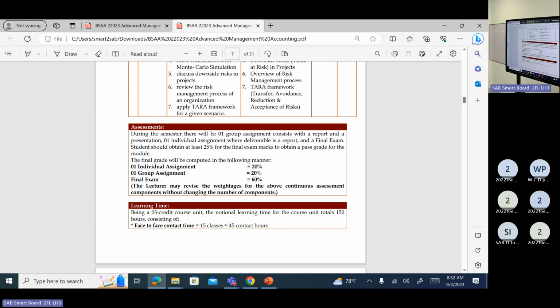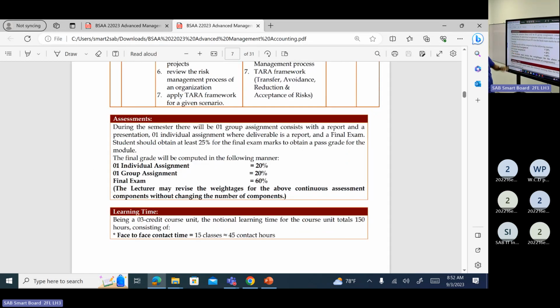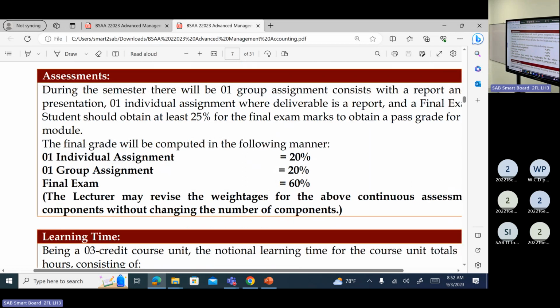So individual assignment, 20 marks. Group assignment, 20 marks. Final examination, 60 marks. So we'll go ahead with the same weight, right? So luckily no presentation, right? So it's 20% individual assignment, that is a report, right? And group assignment.